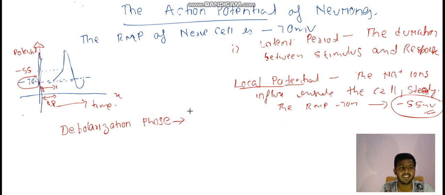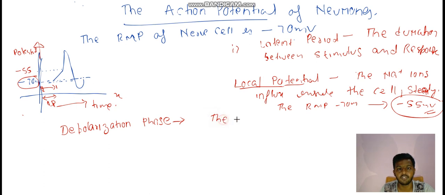What is the depolarization phase? In the depolarization phase, the influx of sodium ions increases, and the speed of sodium ions coming inside the cell gets higher and higher, which makes the inside of the cell positive.